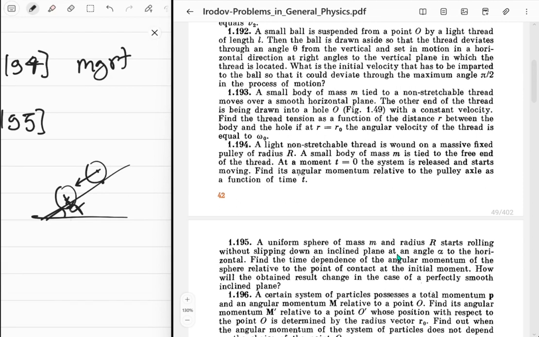Both of them will put the same torque, but in opposite directions, so that will cancel each other. So it really is just mg sine theta times r. That's our torque, so that times time is our angular momentum. Why did you ask me this? And does it change in case of... wait, where did it go?